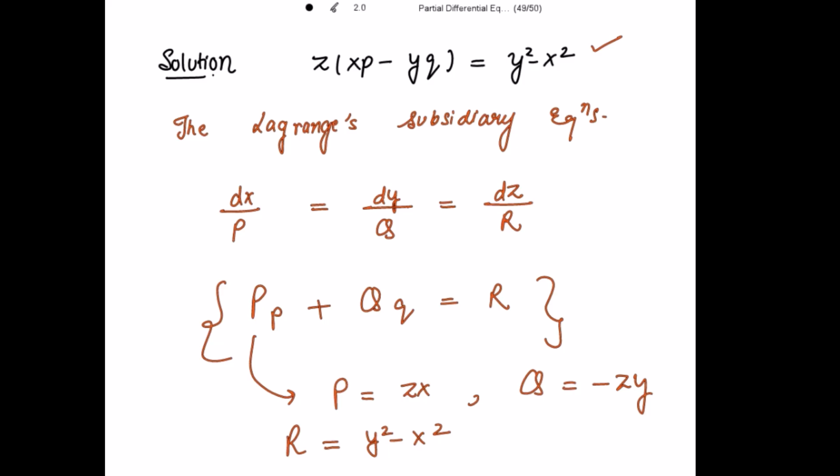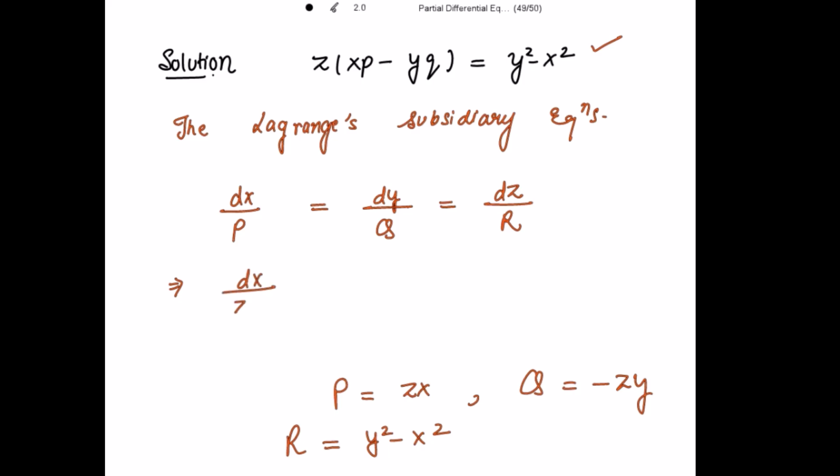Is it okay? Fine. So writing this, we have dx divided by zx equal to dy divided by minus zy equal to dz divided by y square minus x square.